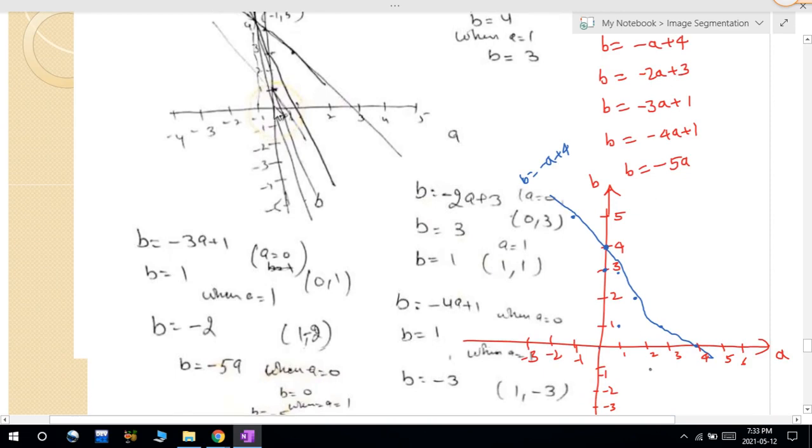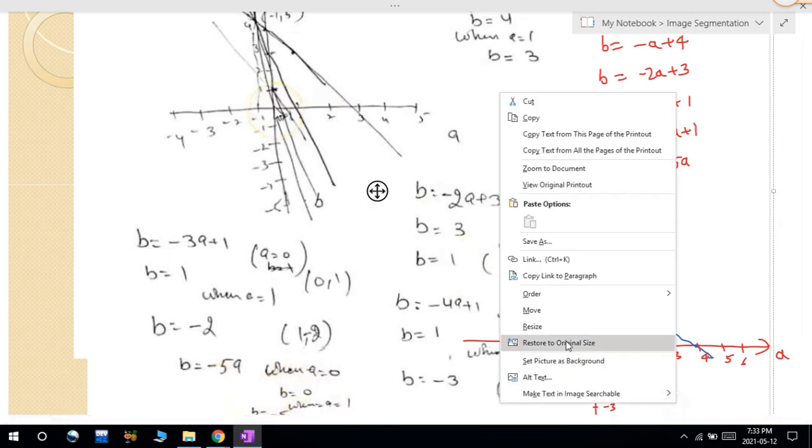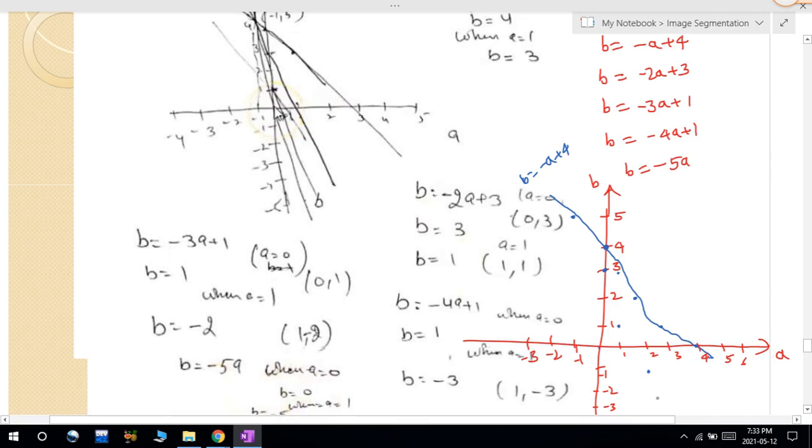So a value 2 means b value is minus 1, and a value 3 means I will get minus 3. And if I take a value as minus 1, then minus 1 into minus 2 is 2, plus 3 is 5. So whenever a value is minus 1, I am getting 5.